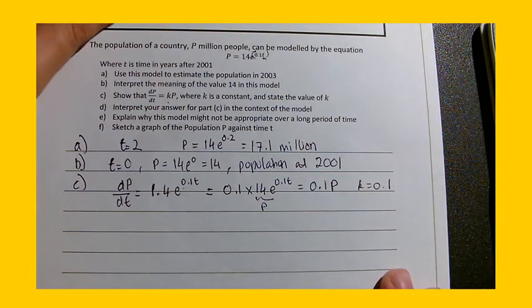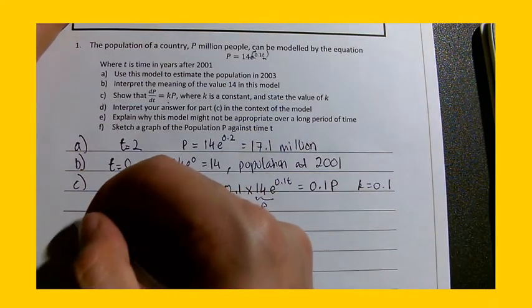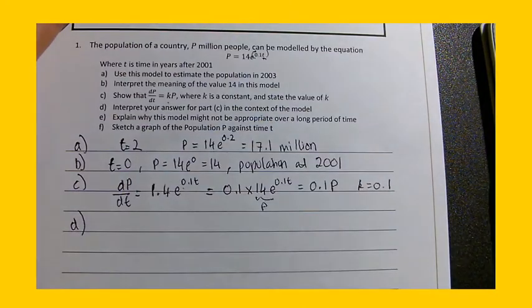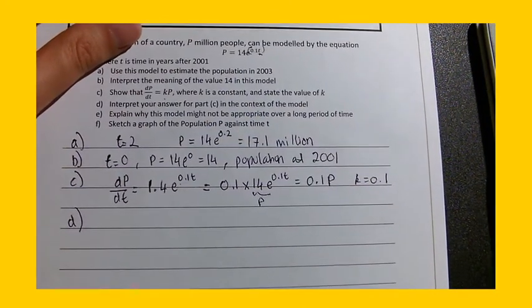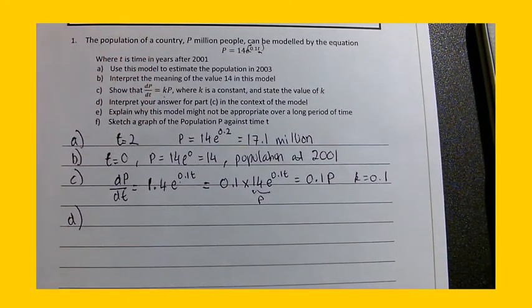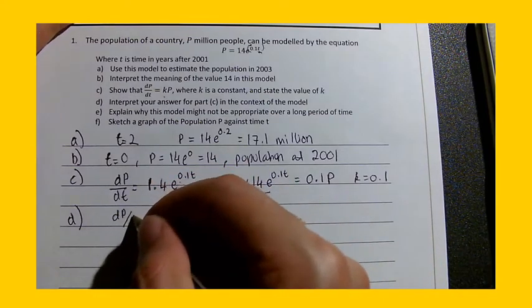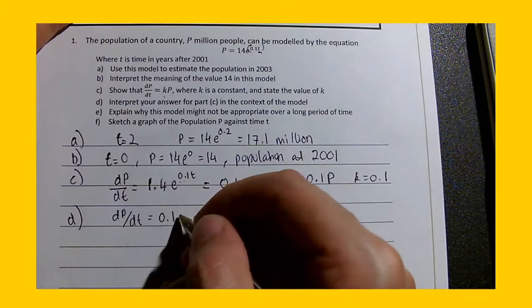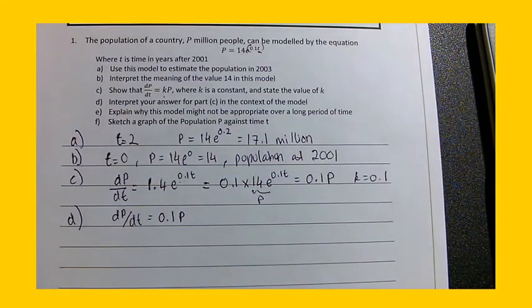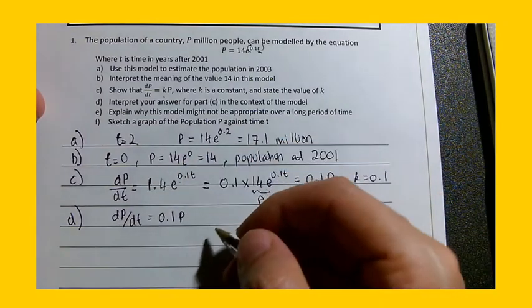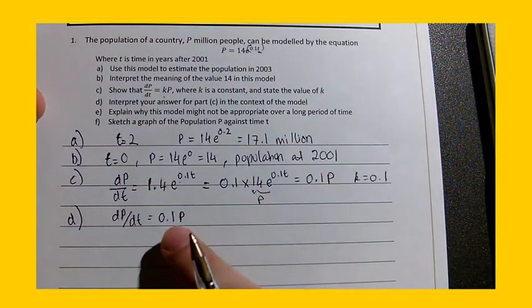Right, part D. Interpret your answer for part C in the context of the model. So if you look at this carefully, dP over dt equals 0.1 times the population. That basically means the rate of change of population over time is a tenth of the population at that time.